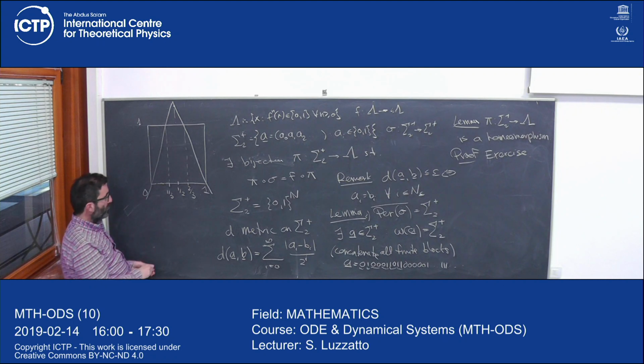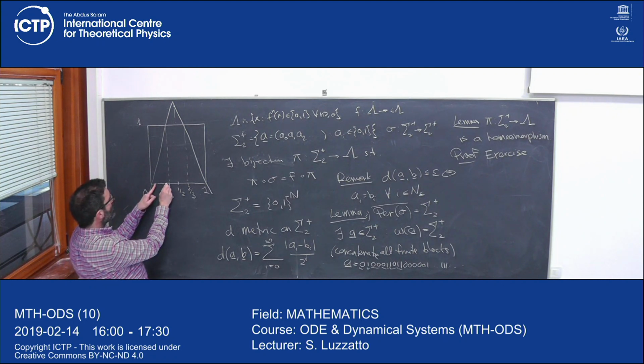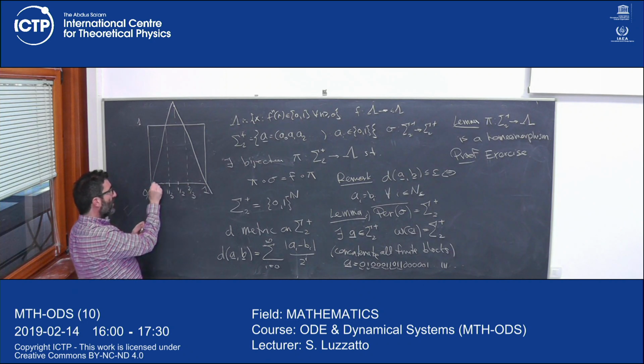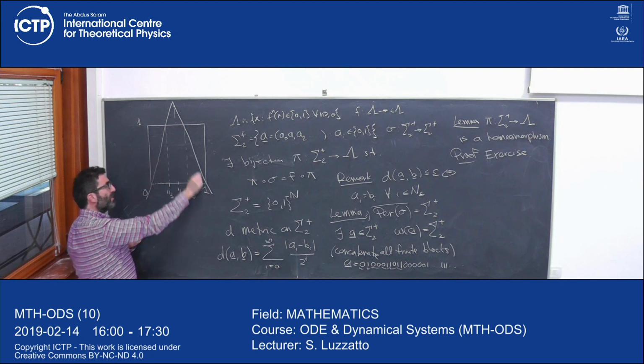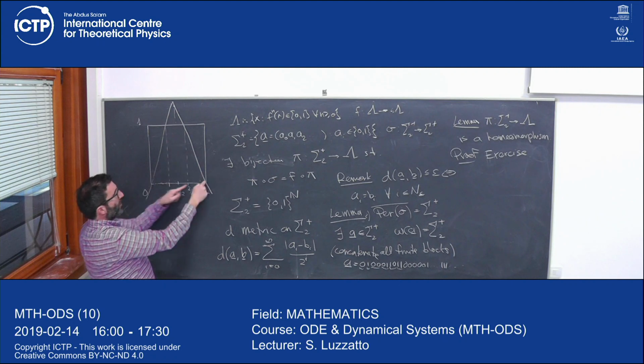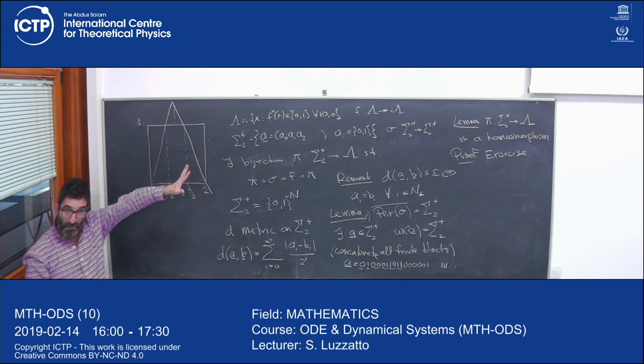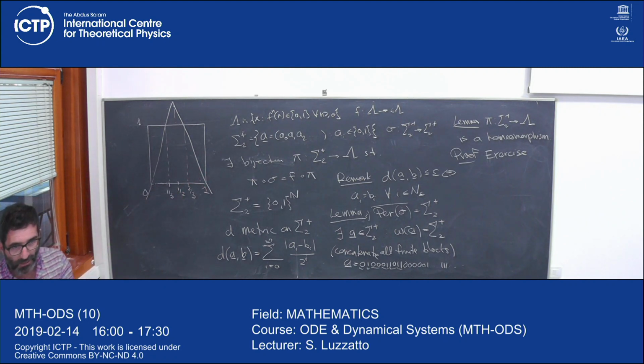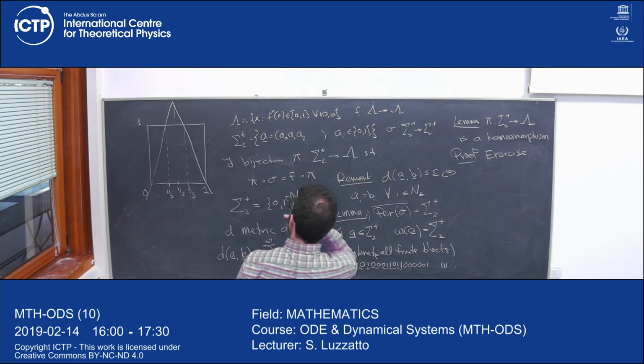So if 2 points are far away like this, then this one stays in I0 and this one stays in I1. But if they're very close, this cannot happen. If they're close enough, they will stay together, and then eventually they will move further apart. Okay, but make sure you write down the argument for this. I just wanted to sketch this. Very good.